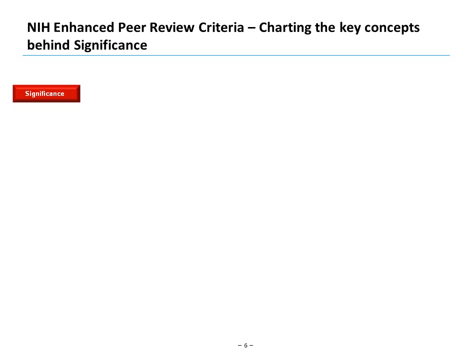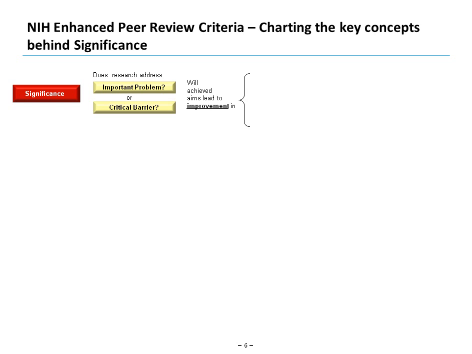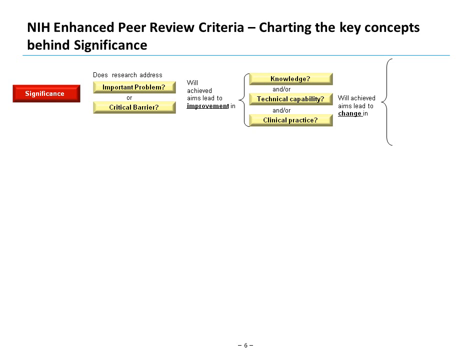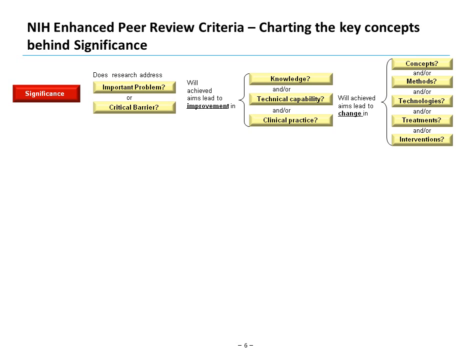Now let's look at the enhanced peer review criteria for significance and chart the key concepts behind it. First, does your research address an important problem or critical barrier? Will the achieved aims lead to improvement in knowledge, and/or technical capability, and/or clinical practice? And will achieved aims lead to change in concepts, and/or methods, and/or technologies, and/or treatments, and/or interventions?